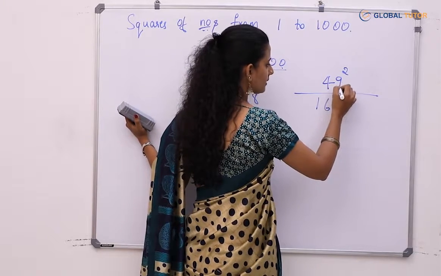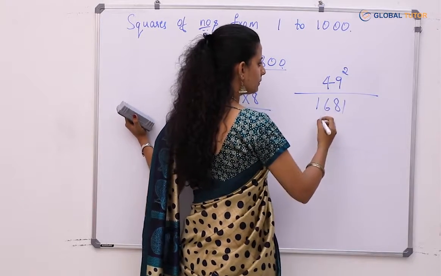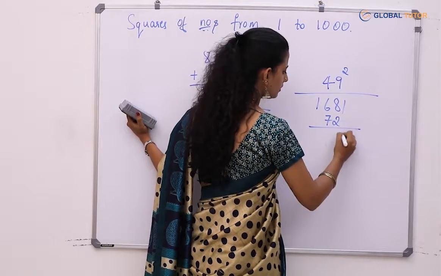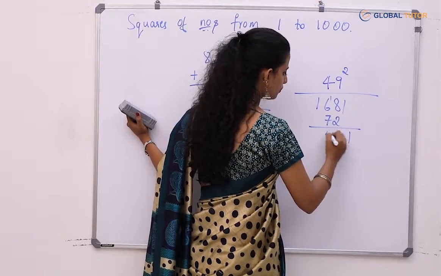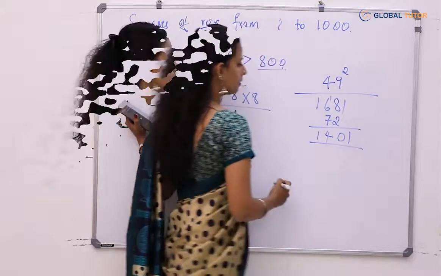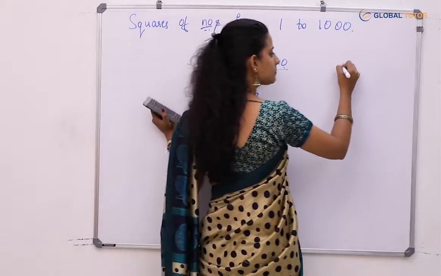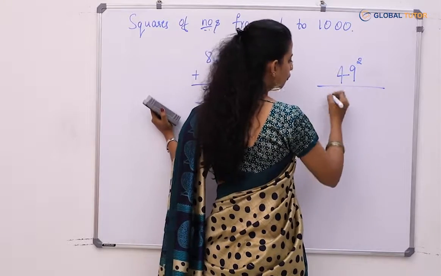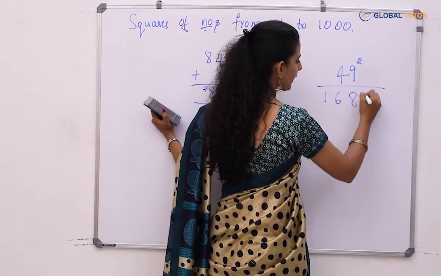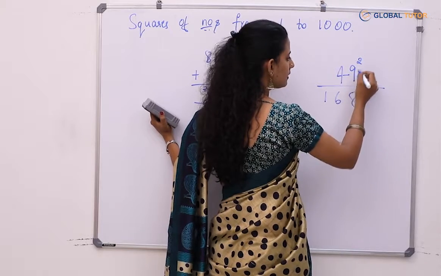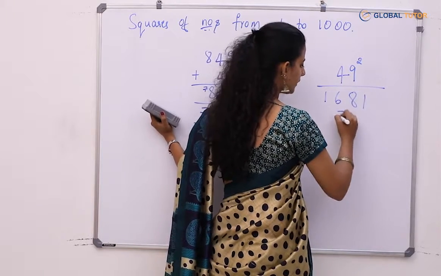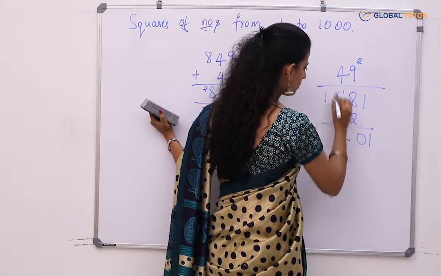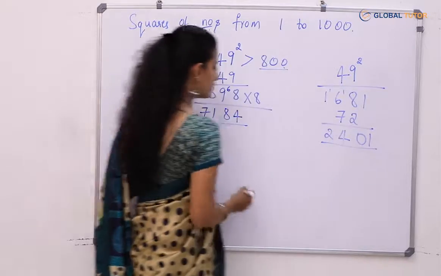Then 4 into 9 is 36. 36 into 2 will be 72. So it's 1, 0, 4, and then 2, 4, 0, 1.